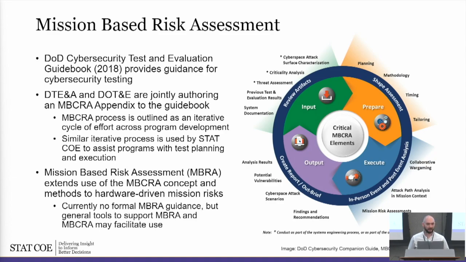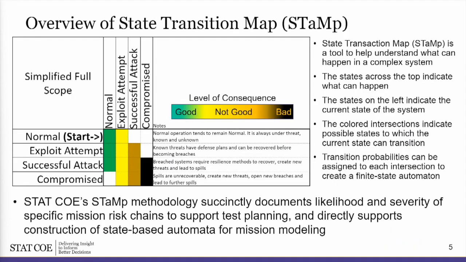The idea of MBRA as a formal non-cyber activity isn't something that is currently covered by any formal DoD guidance. So we've reached into a lot of the guidance that's out there for MBCRAs to try and apply this in a less constrained concept. So I'll give an overview of what the state transition map idea is here.